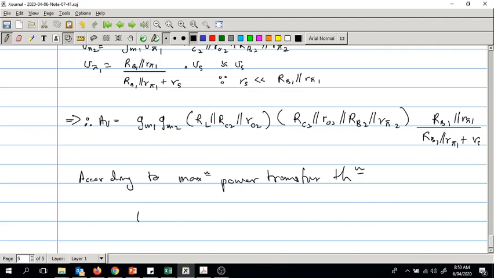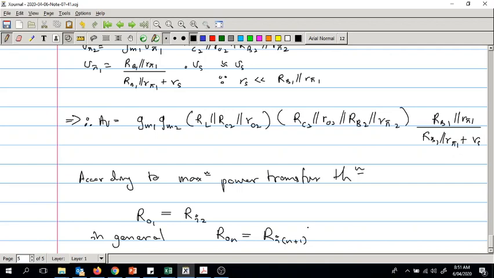Rout1 has to be equal to Ri2, or in general, Rout of the nth stage should be equal to Ri of the n plus 1 stage.